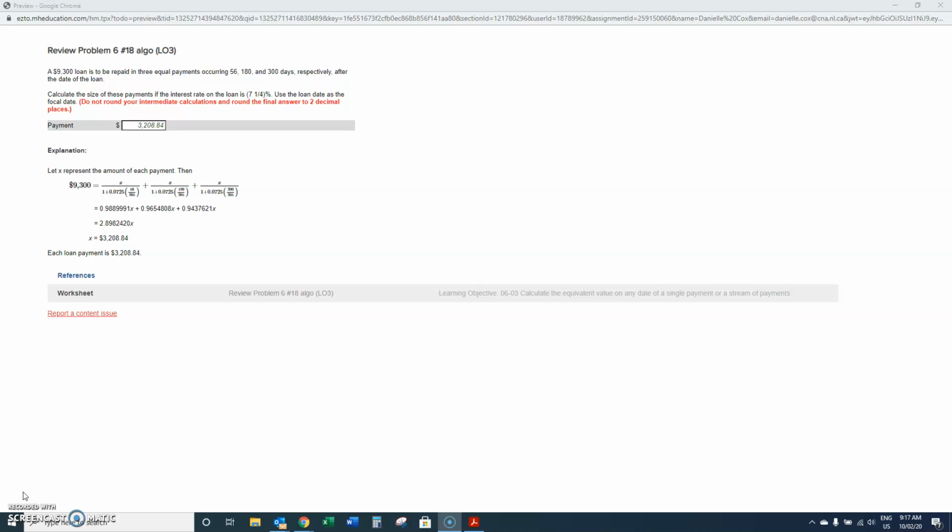The assignments are set to scramble the questions, and for some of the questions the majority of the information will be the same, except some of the dollar amounts will change. That's something we do with Connect so that every one of you doesn't get the same assignment with the exact same numbers and just copy from each other, which in the end is not going to benefit you when it comes time for exams and knowing how to do this stuff on your own.